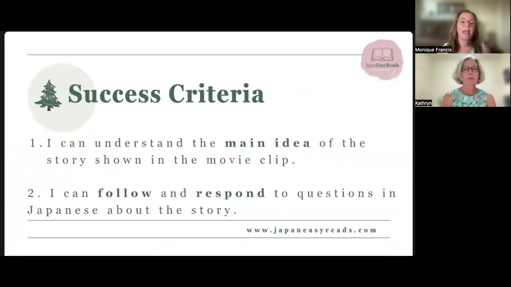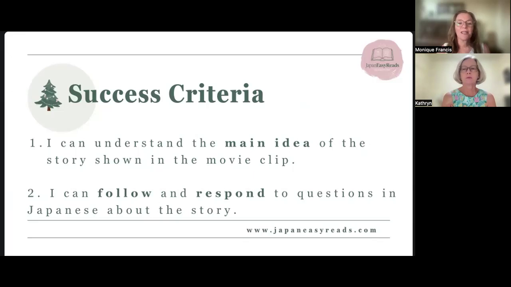And our success criteria, I think it's really important to note that when we are teaching for and assessing comprehension, the students' responses can certainly be in English or in Japanese. Either way, it shows that they are comprehending and understanding the questions and the dialogue that is being engaged in.